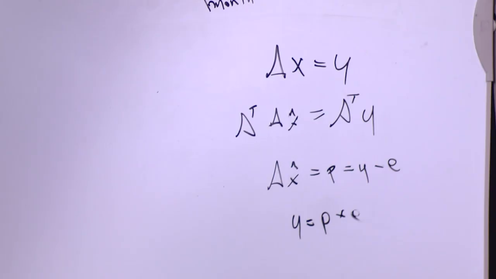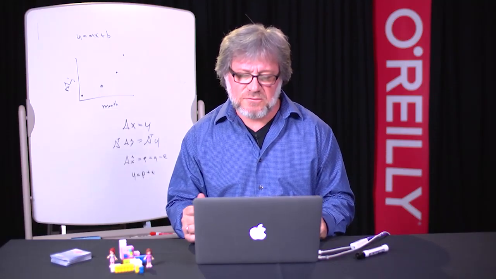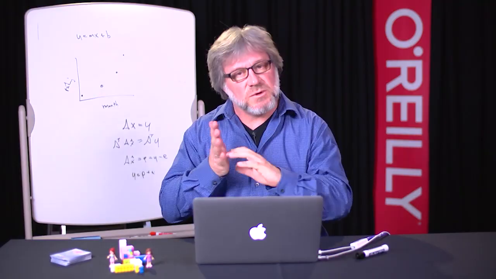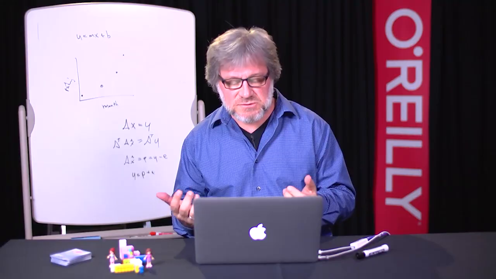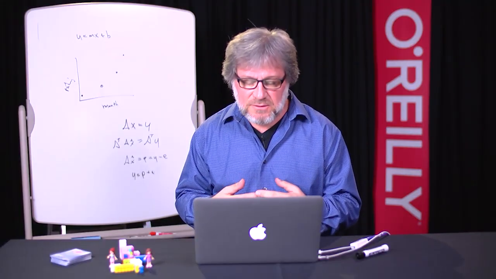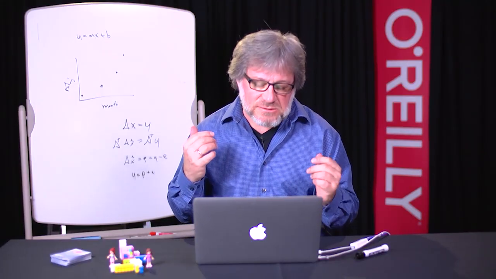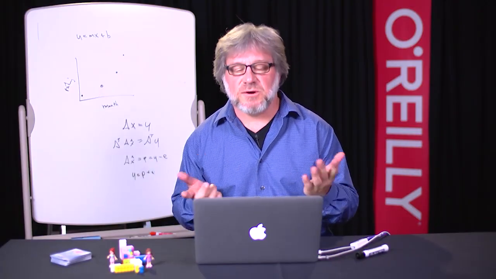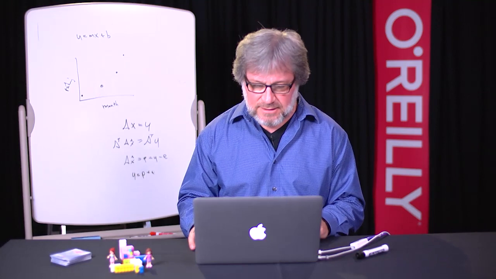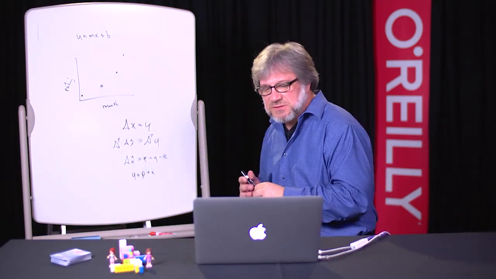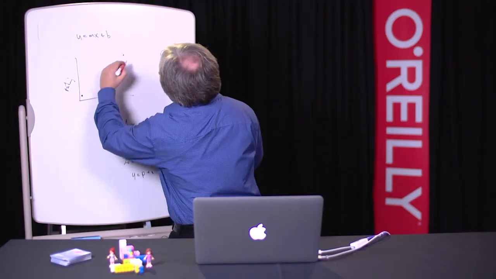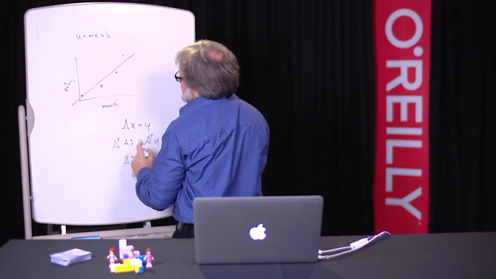And what we're going to try to do then is come up with a solution of p, having our solution, our parameters for a slope-intercept, a straight line. And then we're going to have a vector of errors that we try to minimize. And the way that we're going to do that is by minimizing the squares of all the values in e, all the errors. So the least squares, that's where we get the name. When we take a look at this on the board here, we're going to approximate drawing a straight line through it.